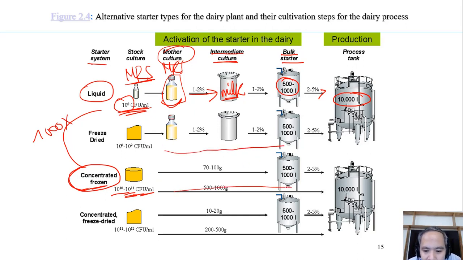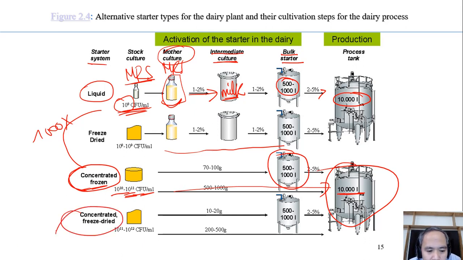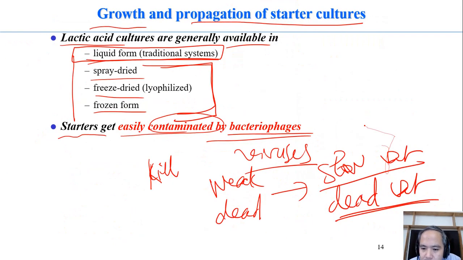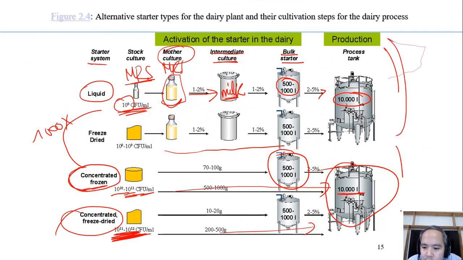You can directly inoculate into a large tank for fermentation, or you can grow them in only one step and then it's enough. This form contains a higher concentration of lactic acid bacteria, so you can inoculate directly. What are the advantages and disadvantages of the above and the below system?